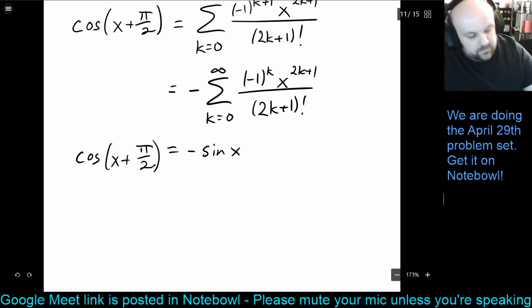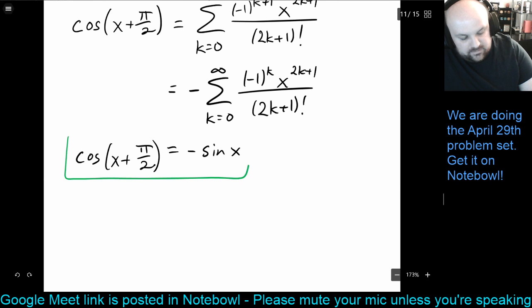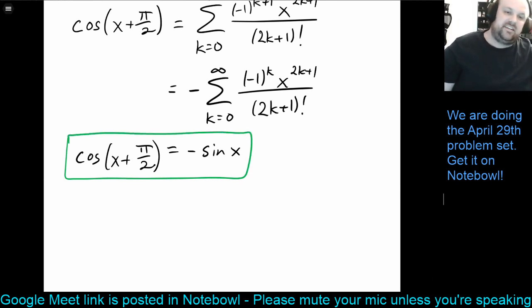I don't know if you remember seeing this when you learned trig functions, but this is an identity: if you take cosine and you shift it to the left by pi over 2, then you're going to get exactly sine. Is that right? Am I saying this wrong?